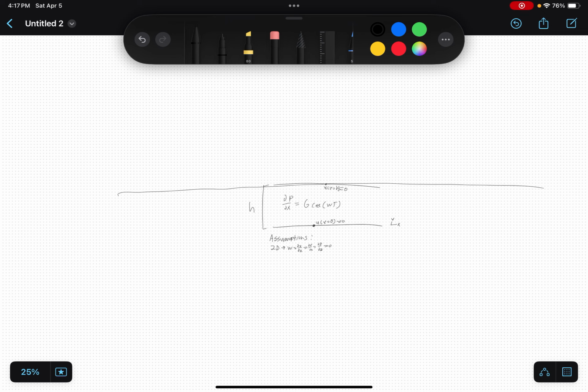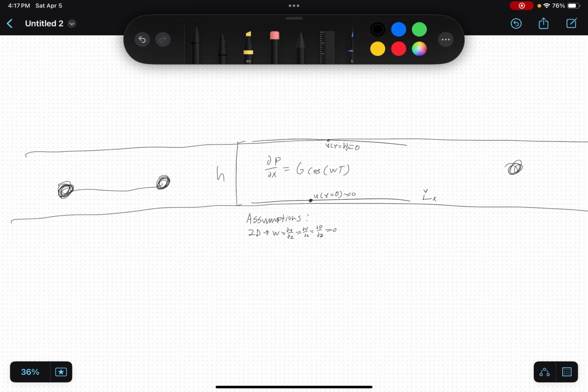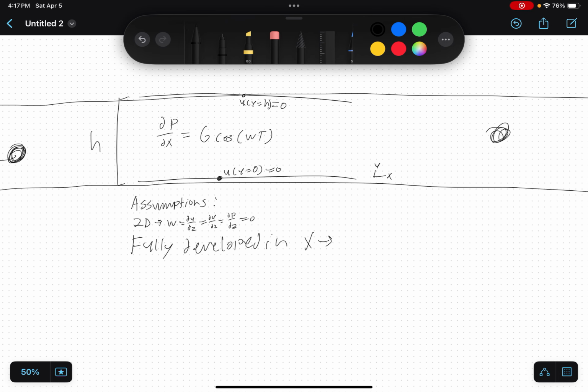This tube is infinitely long. So whatever's going on here is the same thing that's going on over there, which means that between them, there's no slope. So fully developed in x, and that means du dx equals dv dx equals dw dx, which equals 0.